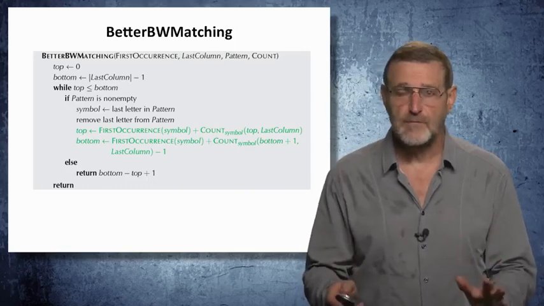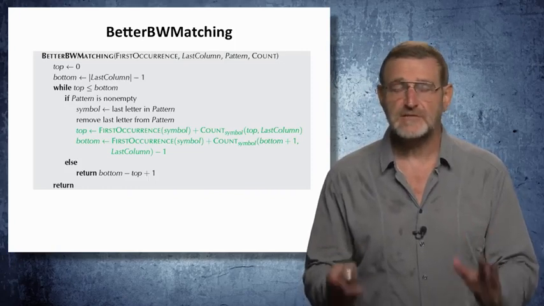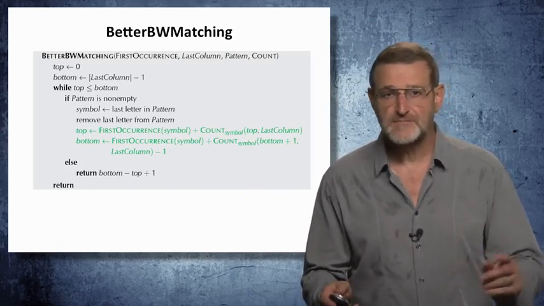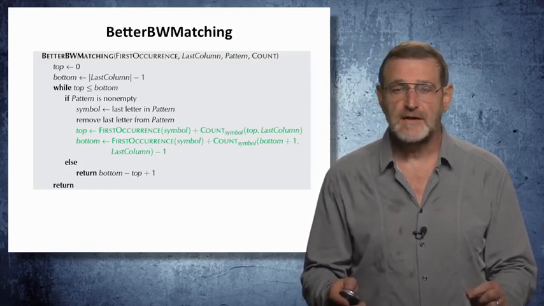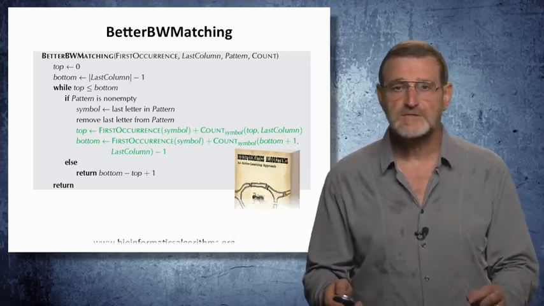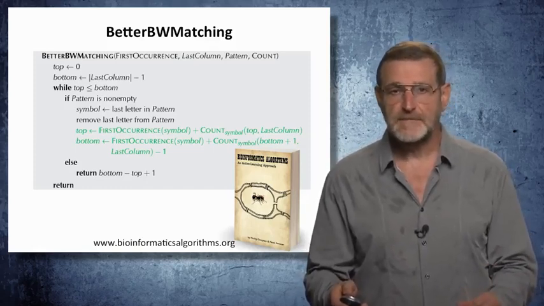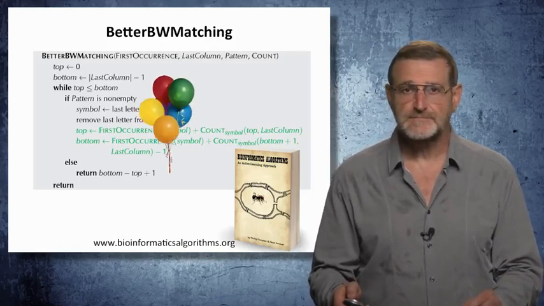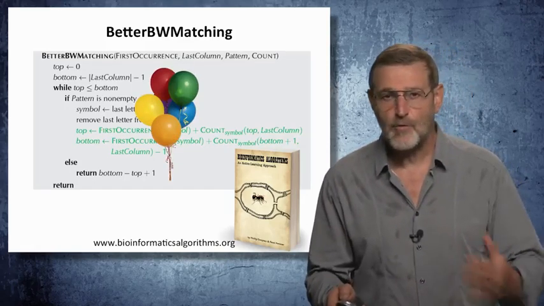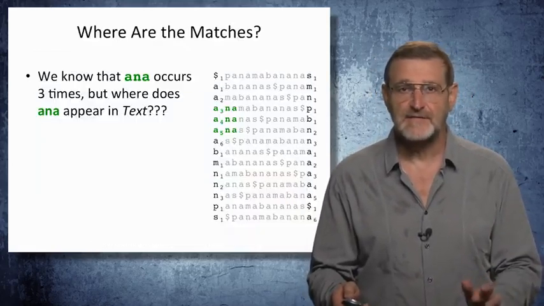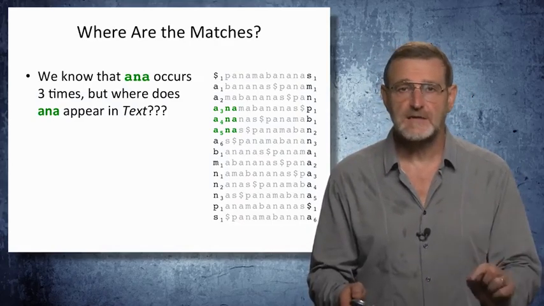Let me specify some details of the algorithm that we just discussed. We will use two pointers, top and bottom, that specify the range of positions in the Burrows-Wheeler matrix that we are interested in. In the beginning, top equals 0 and bottom equals 13 to cover all positions in the text. At the next iteration, the range of positions we are interested in is narrowed to all positions where A appears in the first column.